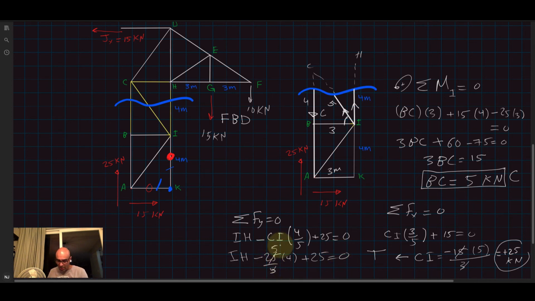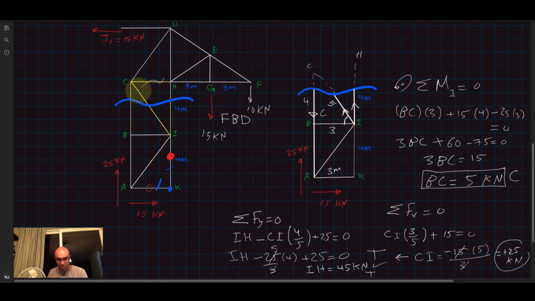And this is what? 5 times 4 is 20, plus 25, 45, minus, so you take the other direction, becomes plus. IH is equal to 45 kilonewton. And our assumption about it to be tension is correct, so that is going to be also tension. Good. Now the only member that we haven't found force on is this guy.